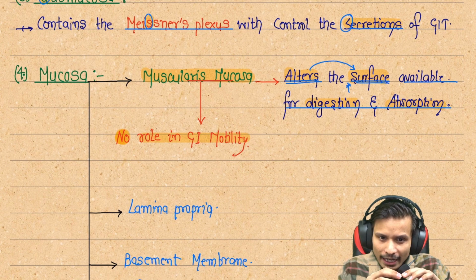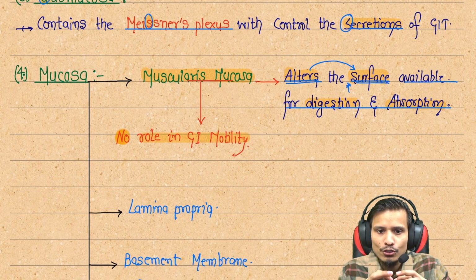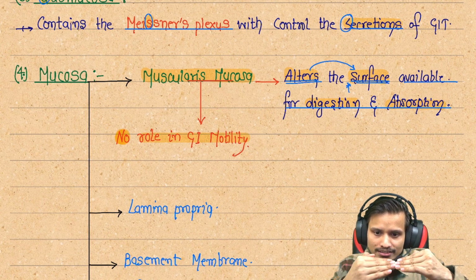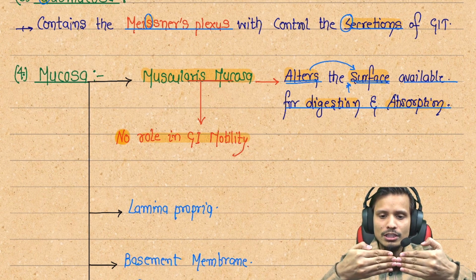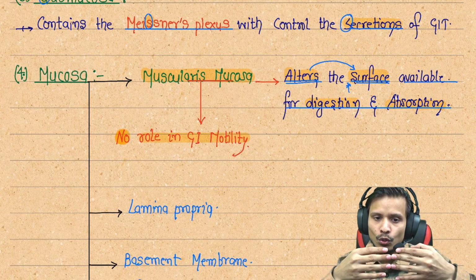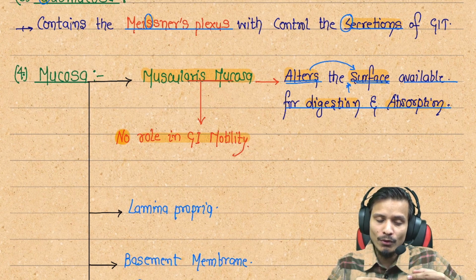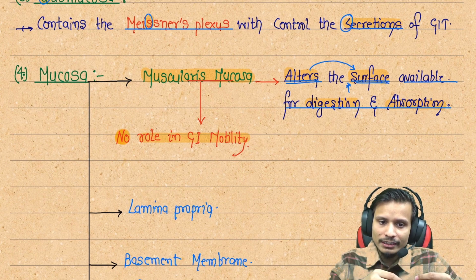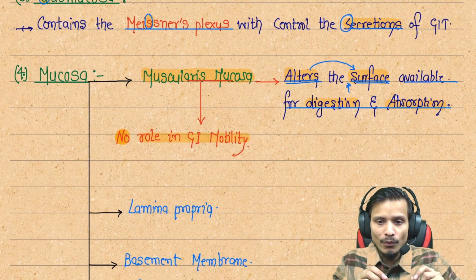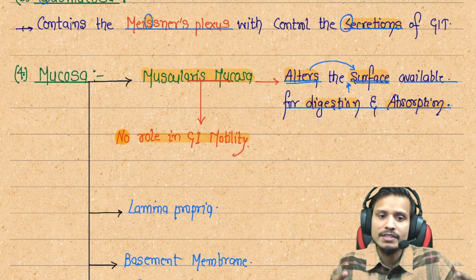It means they are exposed to the food particles and to the chemicals and enzymes. So these increase the surface area of the mucosal membrane. The muscles present in the mucosal layer have no role in the movement of the GIT or in secretion. Their one and only role is increasing the surface area.